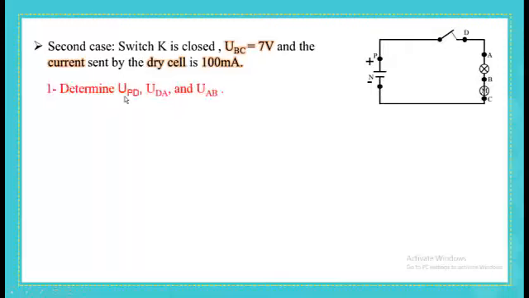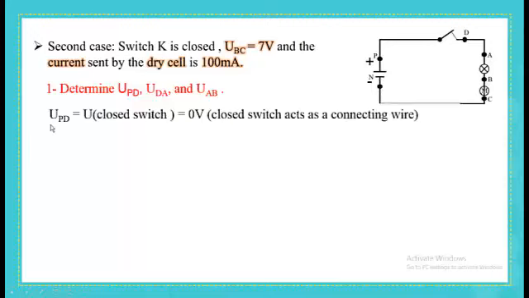You have to determine the voltage UPD, UDA, UAB. UPD is the voltage across a closed switch. UDA is the voltage across a connecting wire. UAB is the voltage across the lamp.